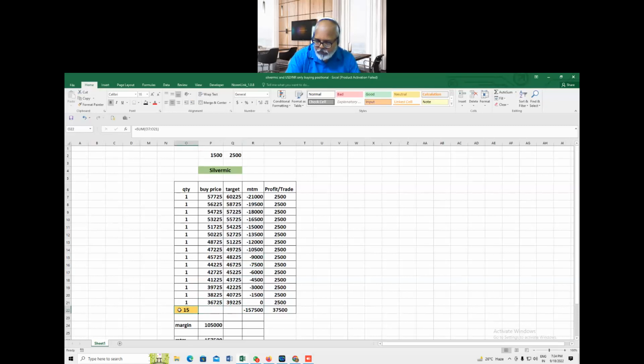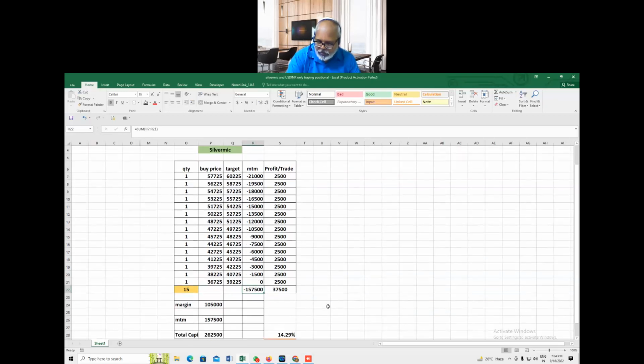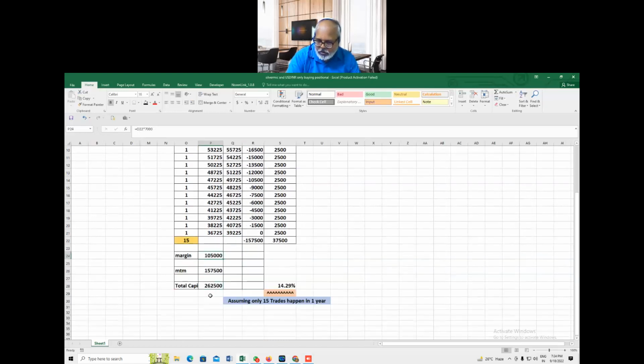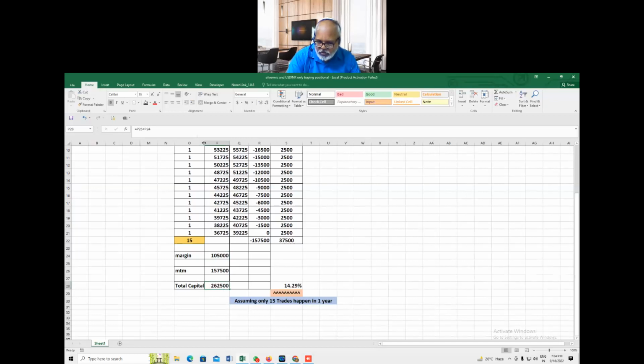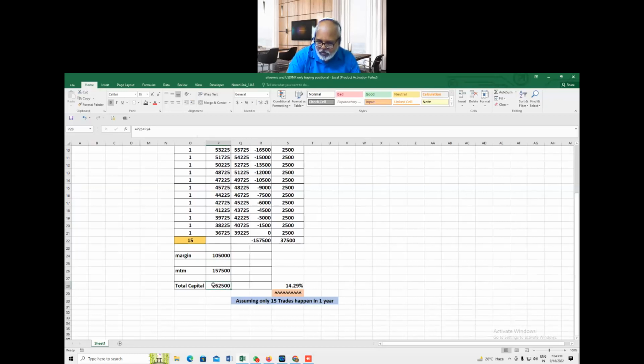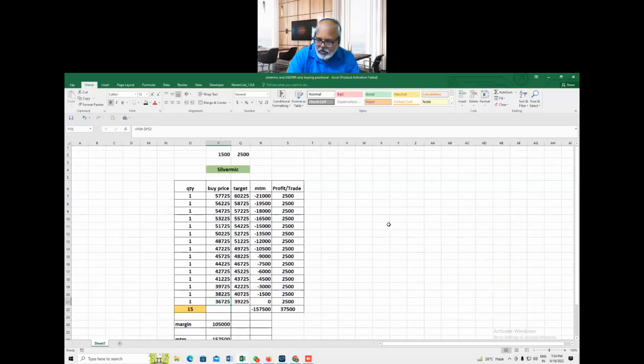We will be holding 15 lots, and as per the margin requirement, it would be approximately 7,000 into 15 lots, that is approximately 1,05,000. If you total these two figures, it comes to approximately 2,62,500. It is not that the market will fall to 36,725, but we are expecting the worst.